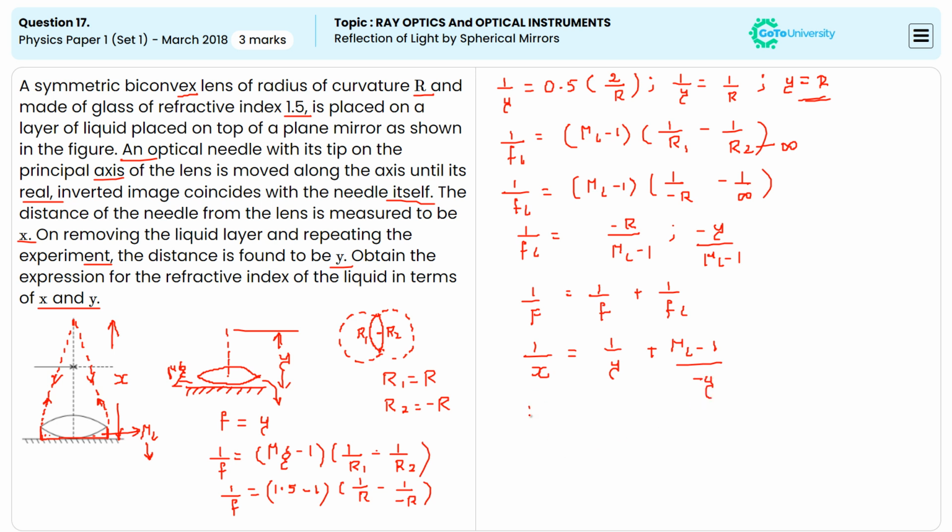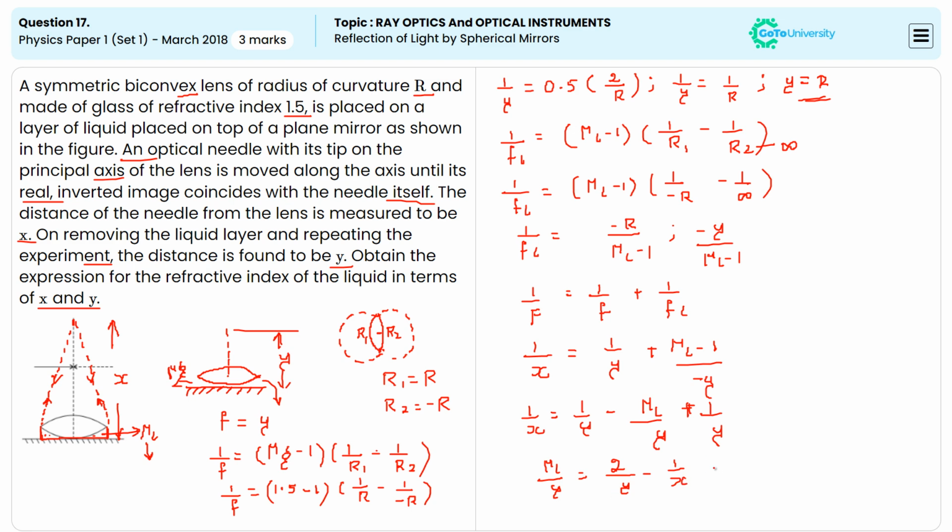Then 1 upon x is equal to 1 upon y minus mu L divided by y plus 1 by y. Then mu L by y is equal to 2 divided by y minus 1 by x.